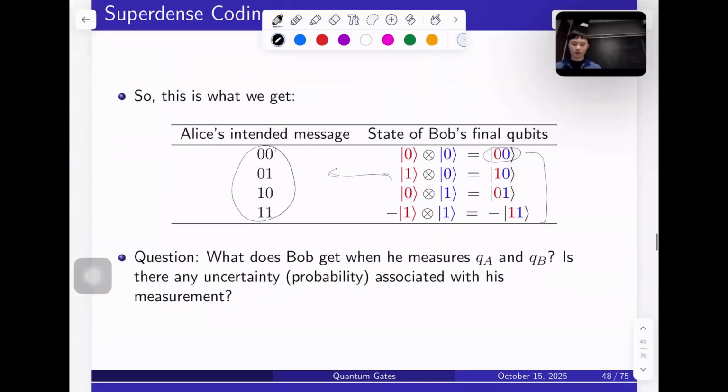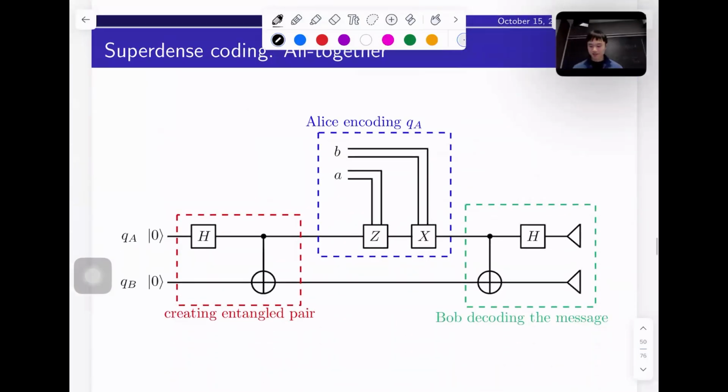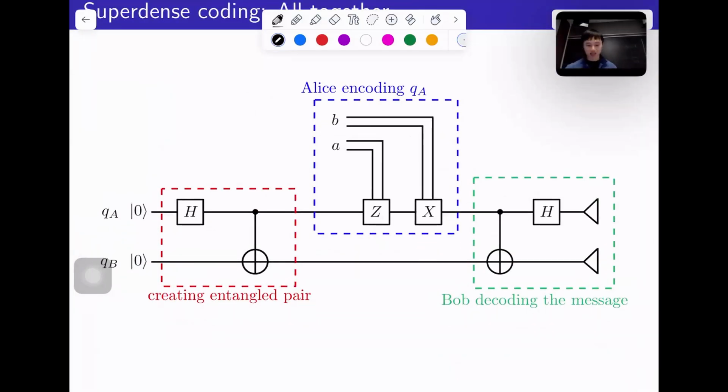Okay, any other questions? Okay, well, here is the biggest circuit diagram that we've seen yet, and this basically represents the whole procedure. In the start, we started with 2 unentangled states in the 0, and we prepared the Bell state, which, as you remember, is the Hadamard and the CNOT. So that's this red part. And afterwards, I wanted to encode some information.